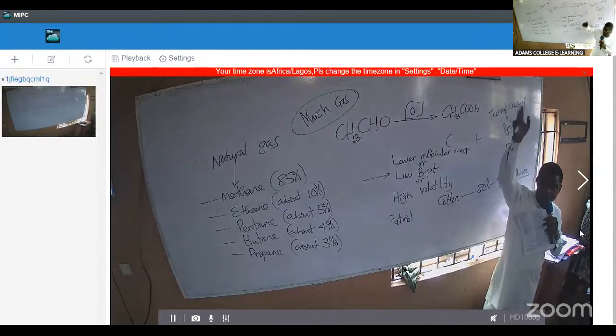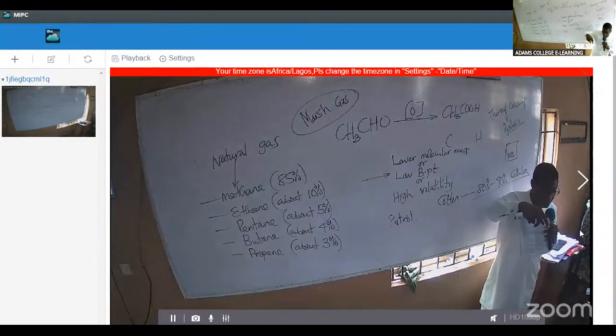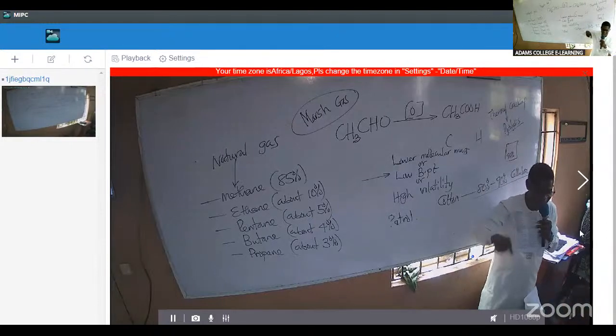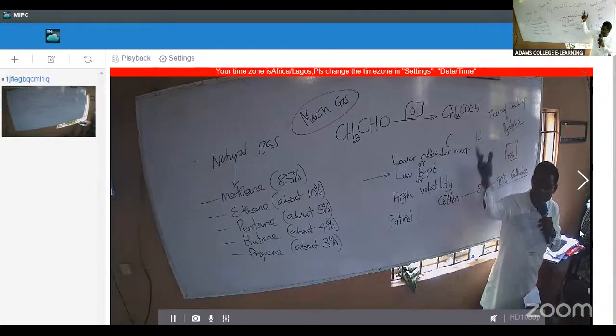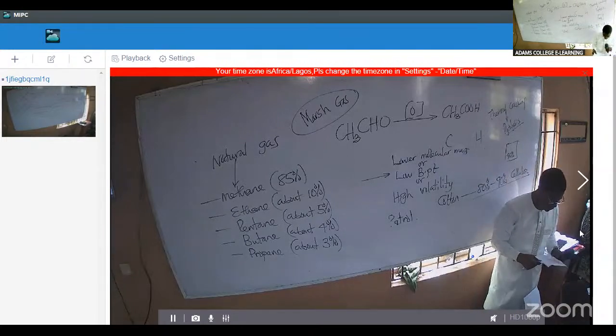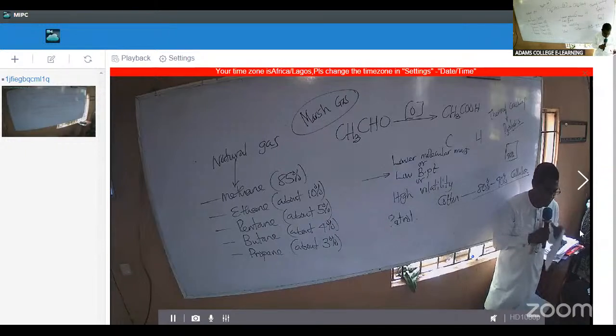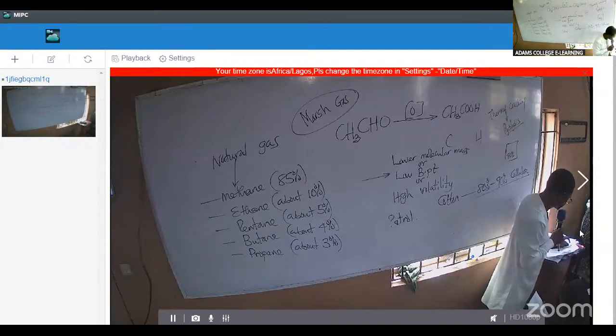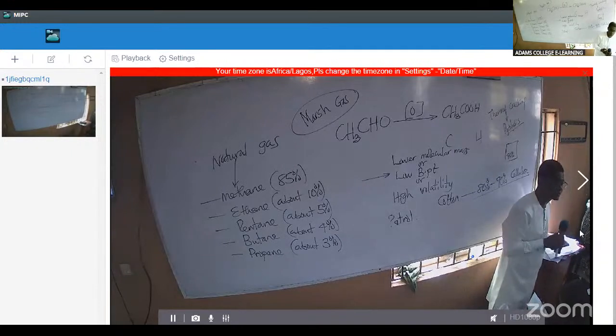That's methane. And let's go, everybody. Let's go to number 11 to 20, quickly.